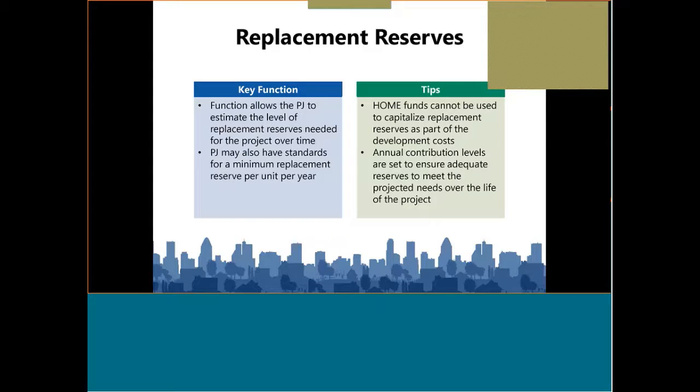So getting the reserves right is important, and it's important not to rely on a rule of thumb that isn't going to perform well for you over time. So let's go to that worksheet and see what it looks like.